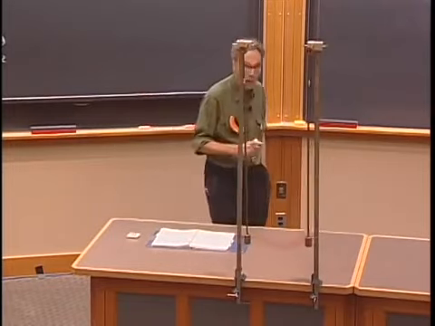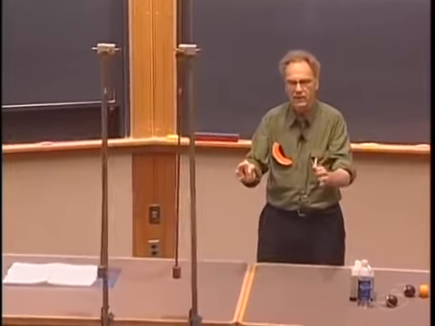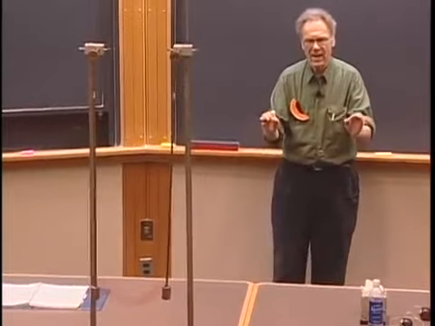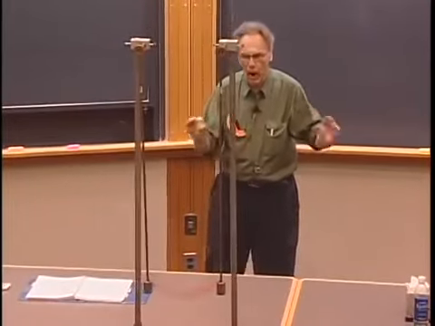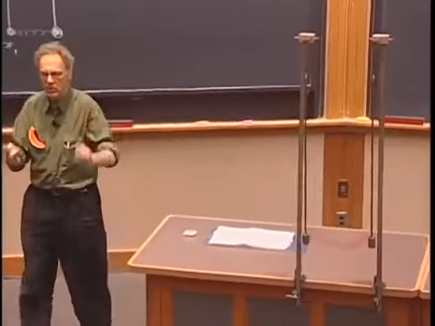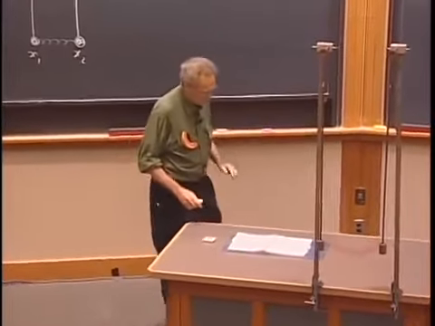What is a normal mode? A normal mode is, in this case, that both objects have exactly the same frequency, that is fundamental to a normal mode, and that they are either in phase with each other or out of phase with each other, nothing in between. Because there's no damping, it's either in phase or it's out of phase. That is a normal mode.